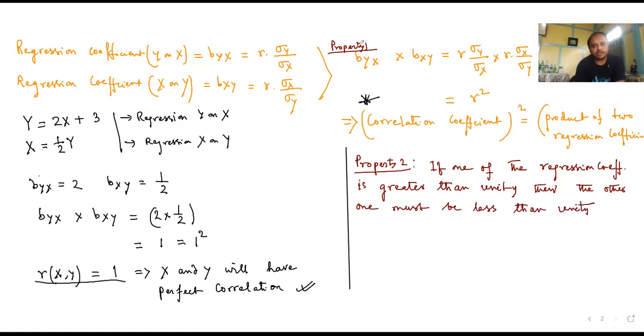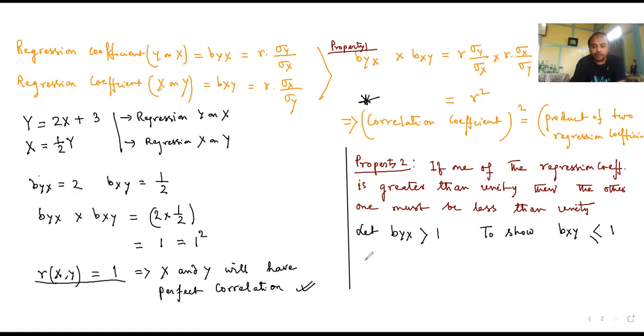Okay, how to prove this result? Suppose byx is the regression coefficient which is greater than unity. To show that bxy is less than unity, or less than or equal to 1.